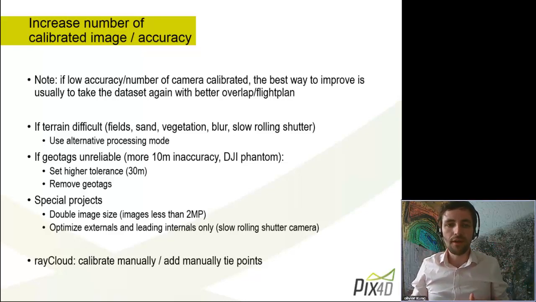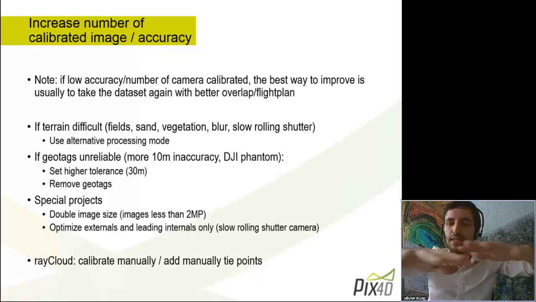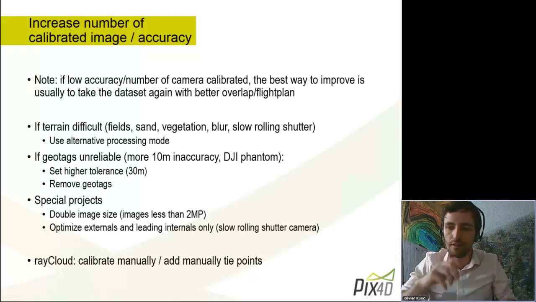Now, more related to if you have a project where only a small number of images manage to calibrate, or issues about accuracy. The first thing to note, which is extremely important, is that you can help and improve a little bit by changing options, but the most important is to really have enough data, taken correctly with sufficient overlap, in a flight plan which tries to have as many images nicely spaced in the project.